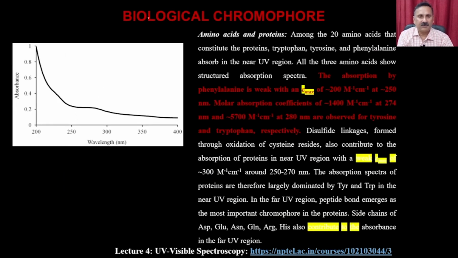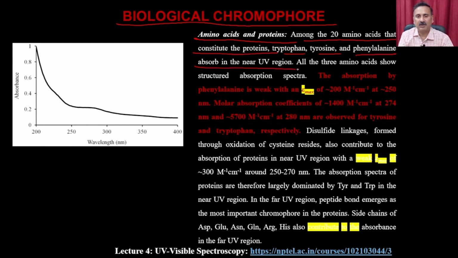Then UV spectroscopy can be used for mapping different types of biological molecules, because most biological molecules have chromophores, for example, the amino acids and the proteins. Among the 20 amino acids that constitute proteins, tryptophan, tyrosine, and phenylalanine absorb in the UV range, and all three amino acids show structured absorbance spectra.